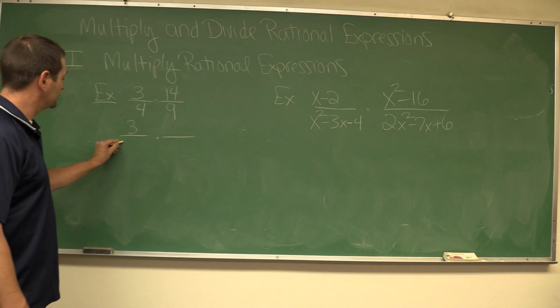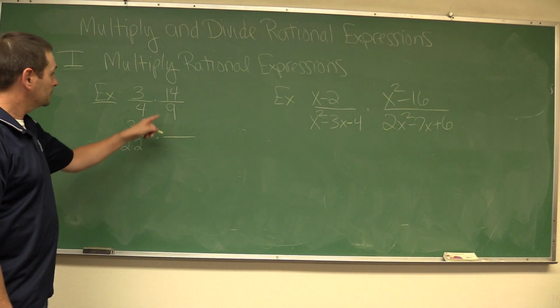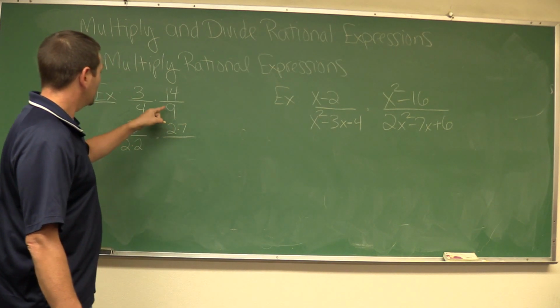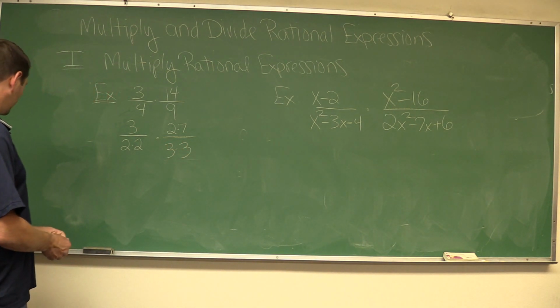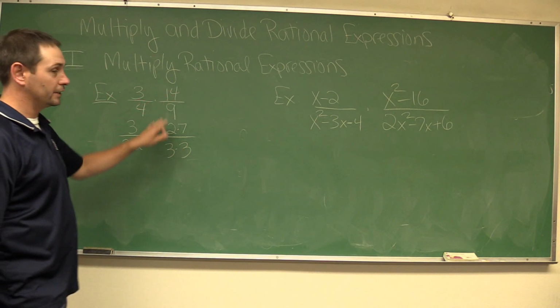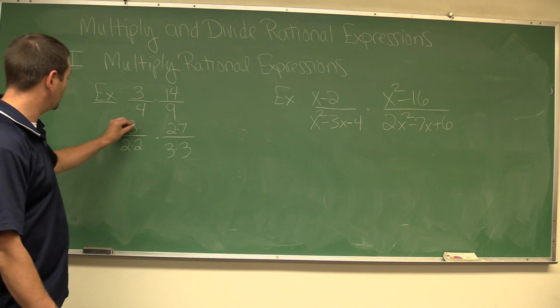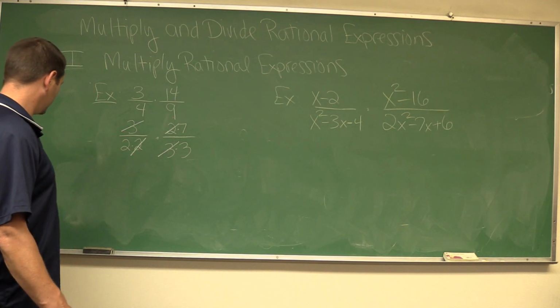Now 4 is 2 times 2. I'm just going to break it down. 14 is 2 times 7, and 9 is 3 times 3. So all I'm doing is factoring each of these to show you that any common factors can cancel out. So the 3's cancel here, the 2's cancel here.